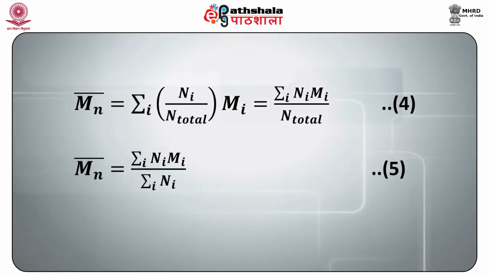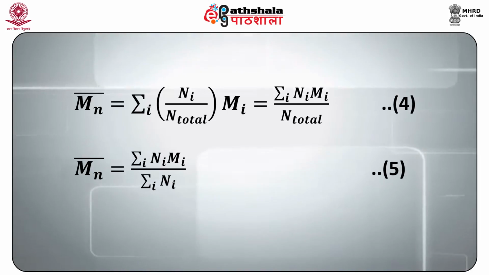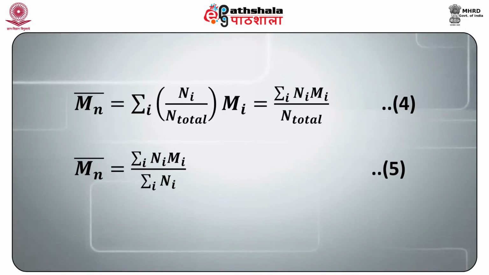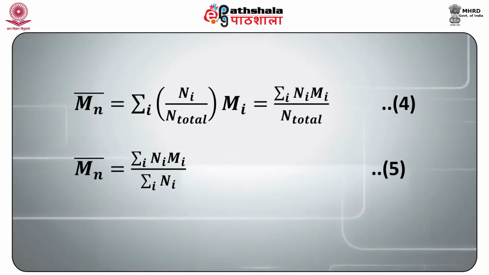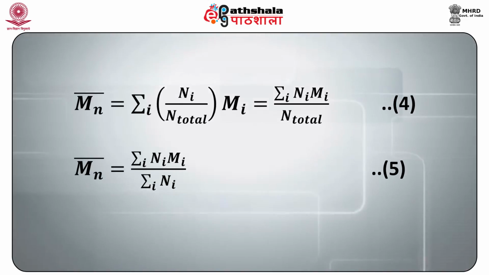Substituting equation 2 in 1, we get Mn bar equals summation over i of Ni by N total into Mi, which can be further simplified as summation over i of Ni Mi by N total as our equation 4.